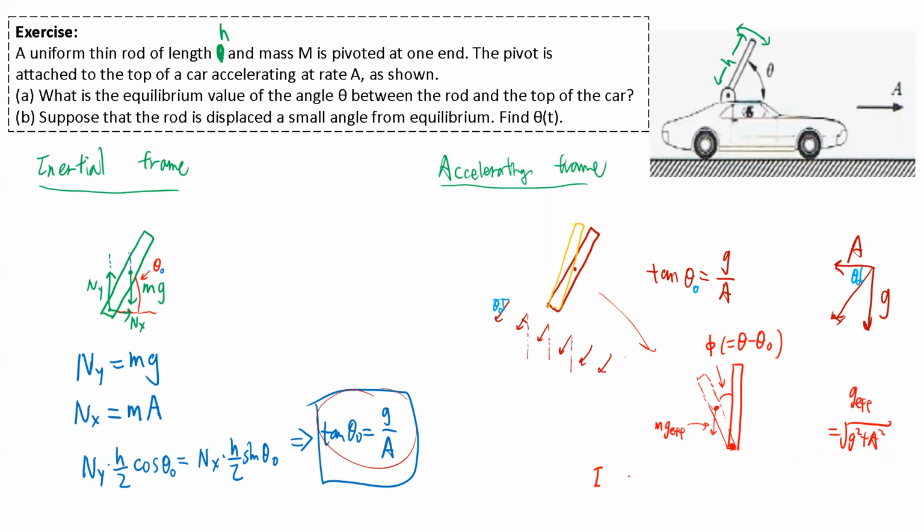I'm just going to call this I. So I times phi double dot is equal to mg effective times h divided by 2 times sine phi.